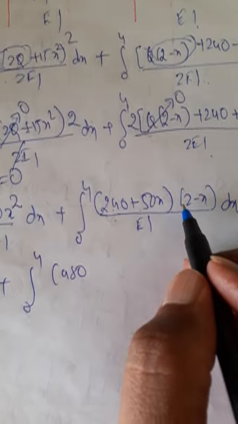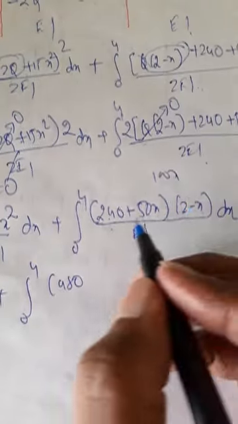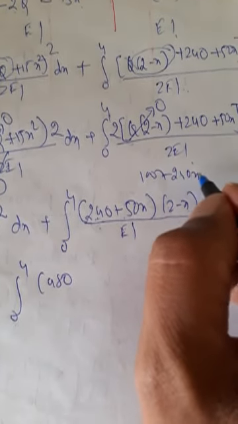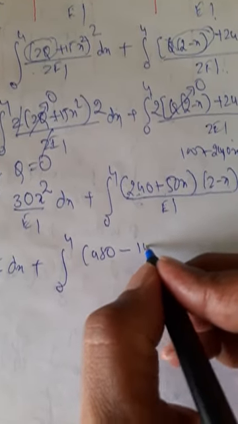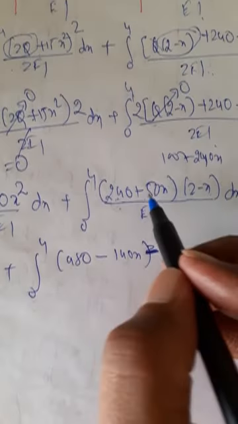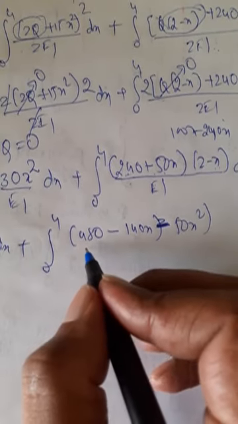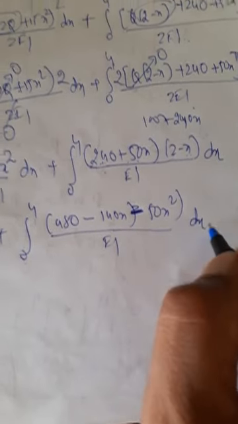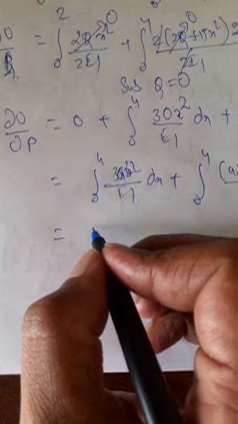Then 50x into 2 is 100x, 240 into x is minus 240x, so 100x minus 240x is minus 140x, and minus 50x into x is minus 50x square, divided by EI dx.